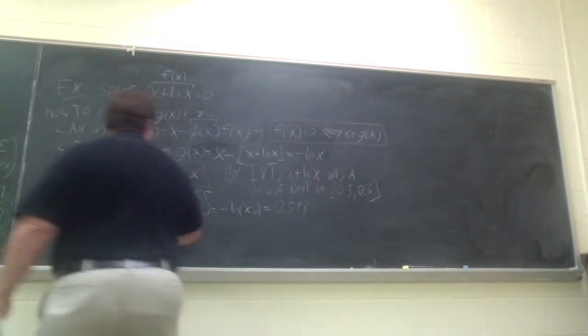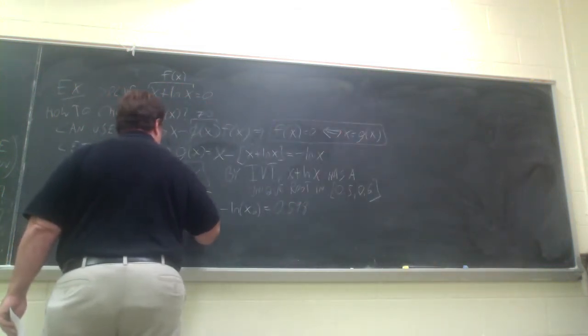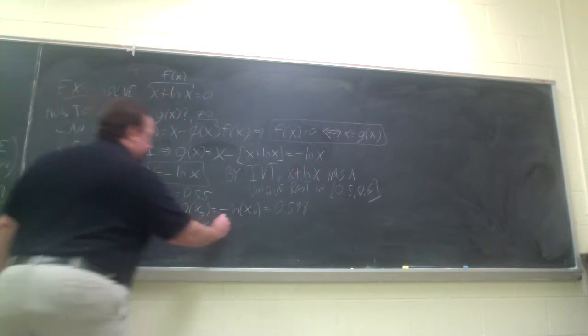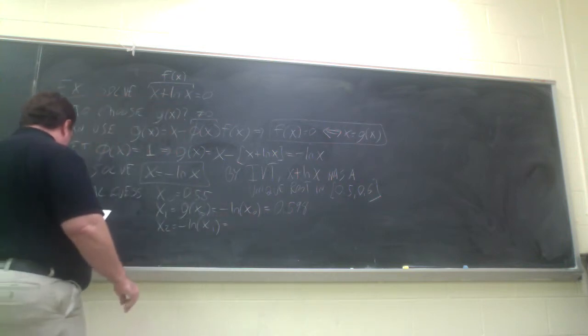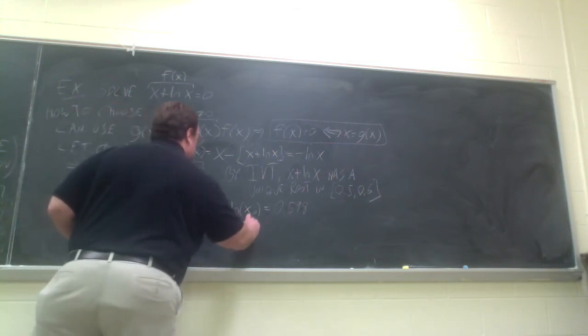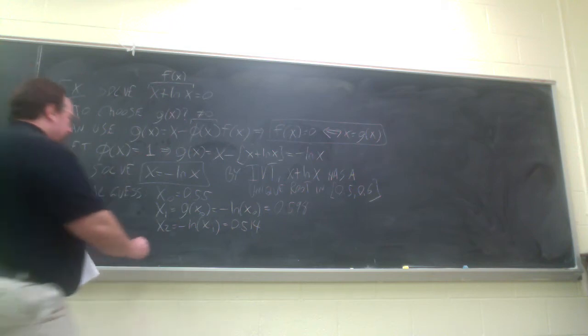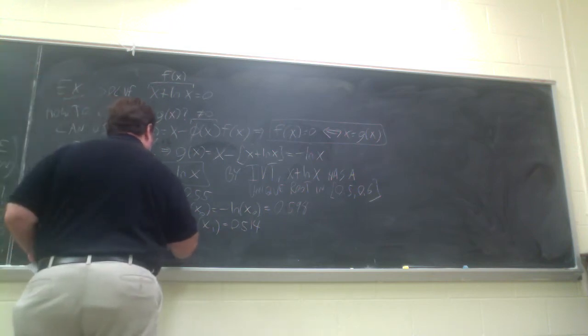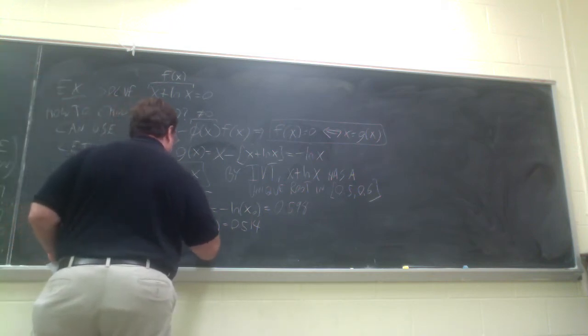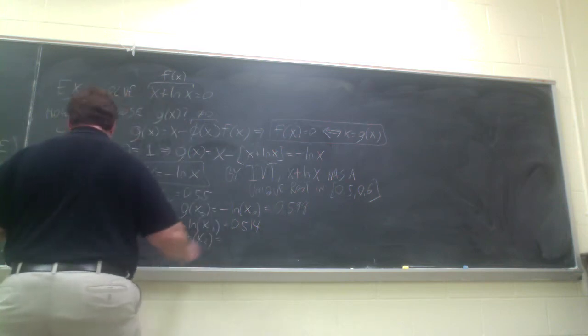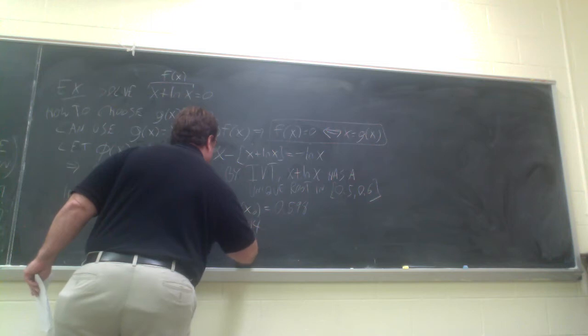Let's go again. x2 is minus natural log of x1. So we just keep substituting into minus natural log of x, and we get 0.514. And then x3 is minus natural log of x2, and we get 0.665.